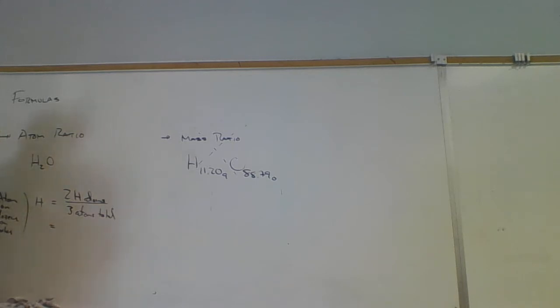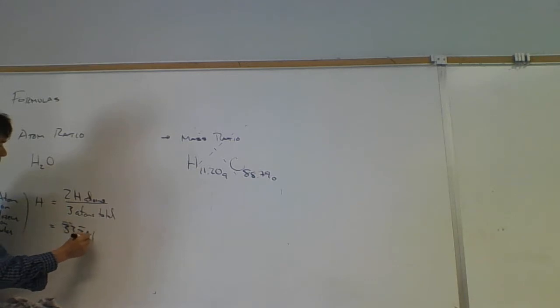And so H would be what, 2/3 or 33%. We could go more digits here if you wanted. In fact, I could just write 33.3% H. And this is an atom percent.